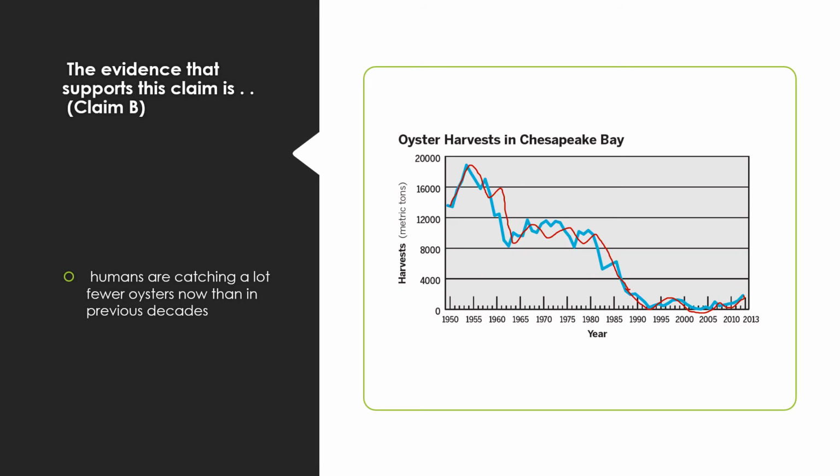Humans are catching a lot fewer oysters now than in previous decades. This might be evidence to support claim B, which was no, the increasing number of human population does not affect oyster numbers.